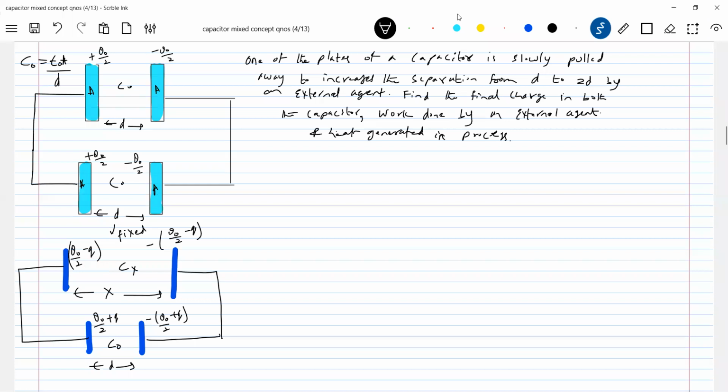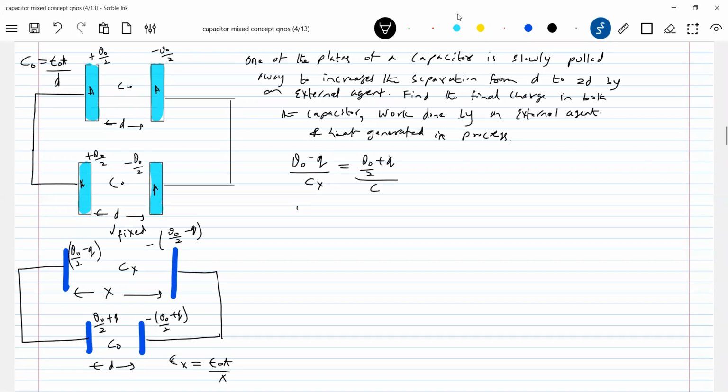First they are in parallel, or write KVL, or whatever other equivalent things. So Q naught plus Q by Cx should be equal to the negative sign. What is Cx equal to? Here Cx is equal to epsilon naught A by x.